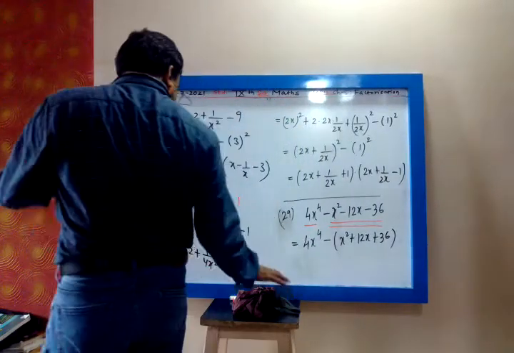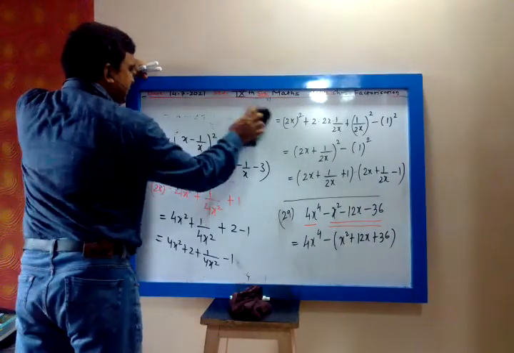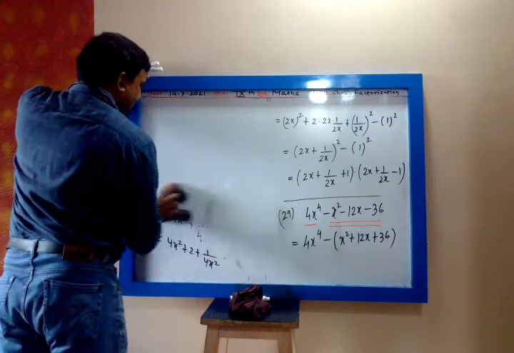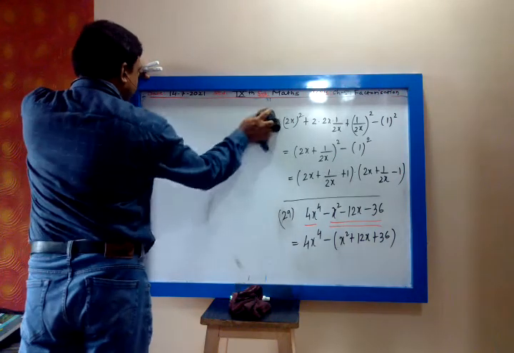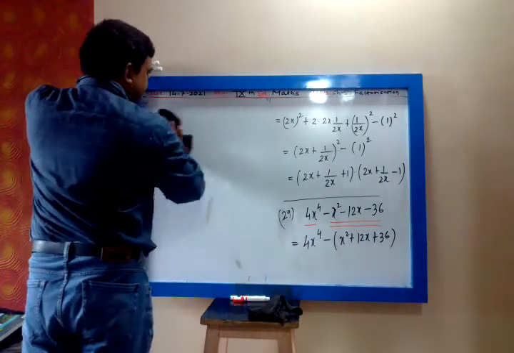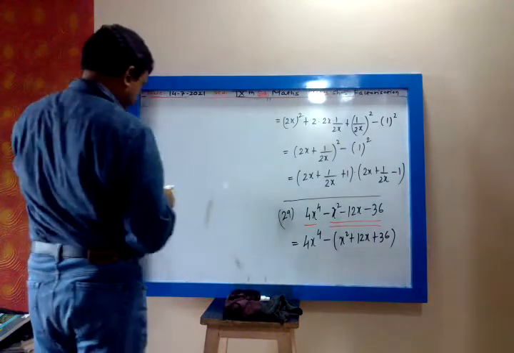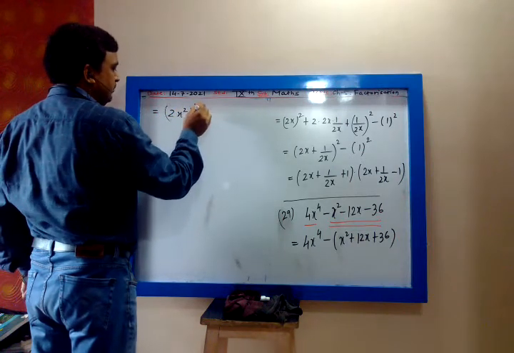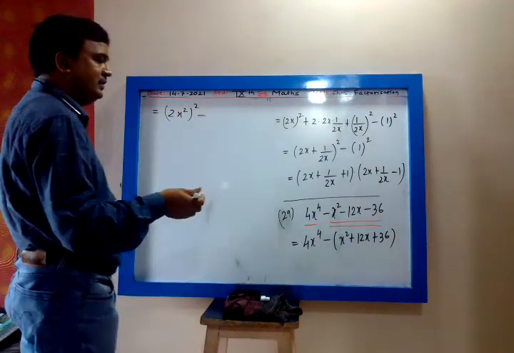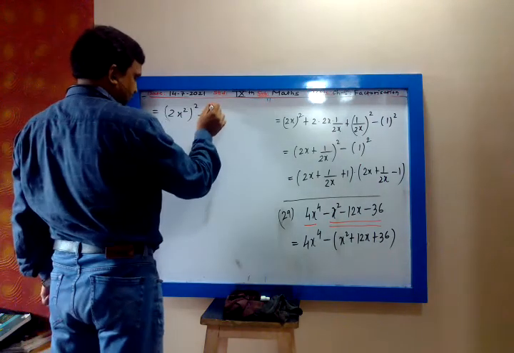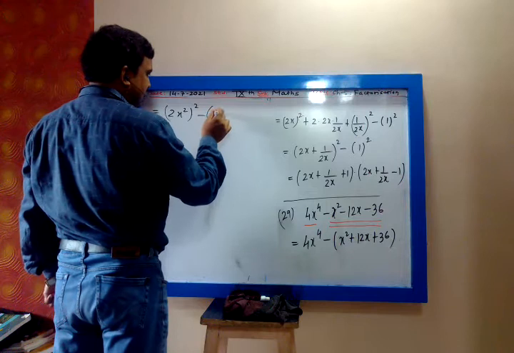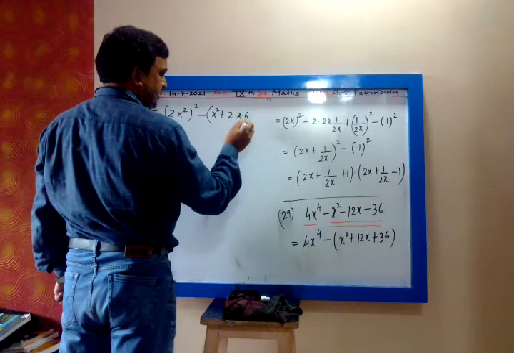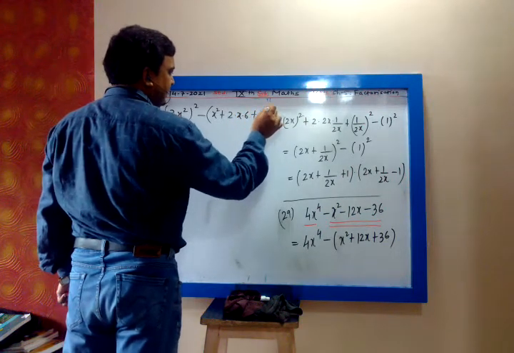Then 4x raised to 4 I can write as (2x square) whole square. 4 I can write as 2 square, x raised to 4 I can write as x square whole square. So this will be 2x square whole square minus x square plus 12x plus 36. Let me write this x square plus 2 into x into 6, 12x, plus 36, I can write as 6 square.